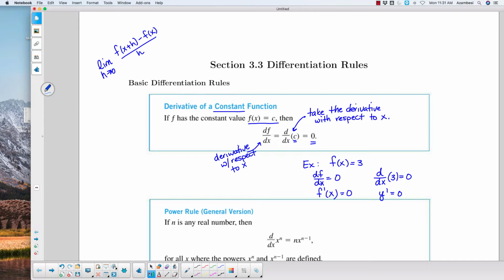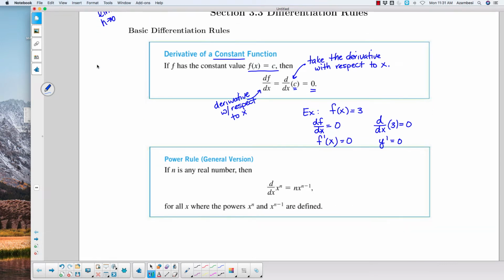Second rule for today is called the power rule, and this is the general power rule. If you have any real number power, then if you take the derivative of x to that power, like x cubed or something like that, the power comes down to the front and we reduce the power by 1. So this is the old power.